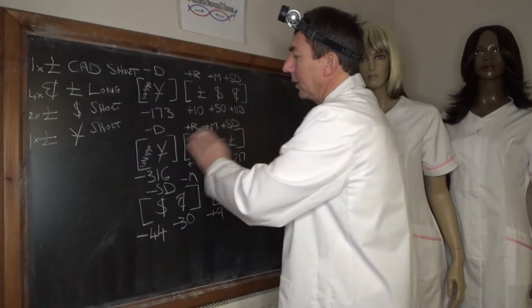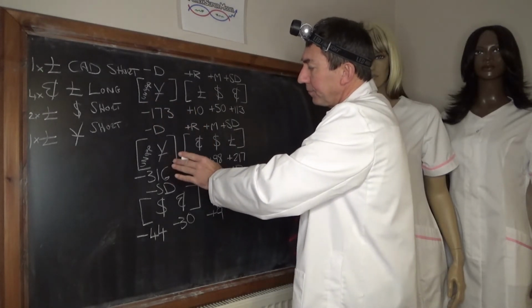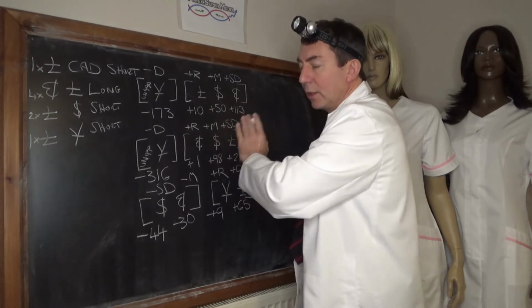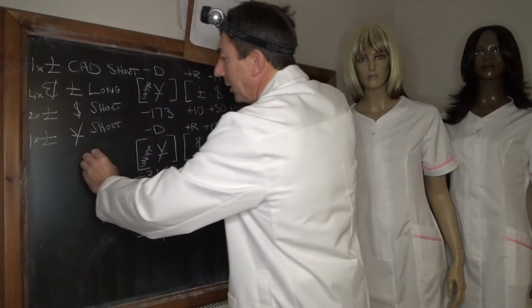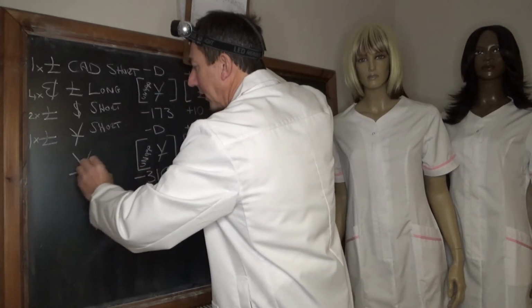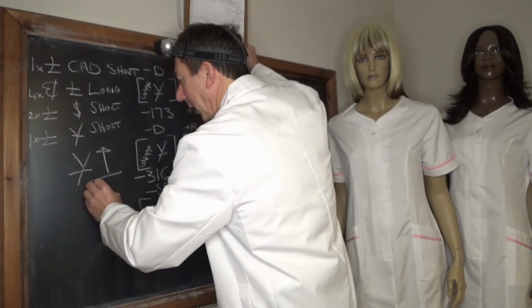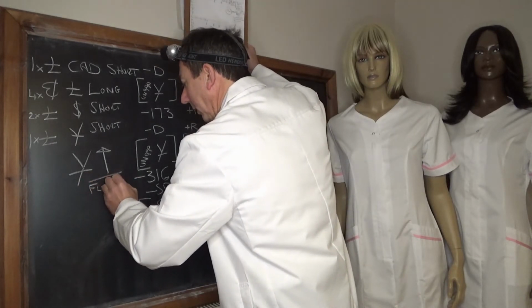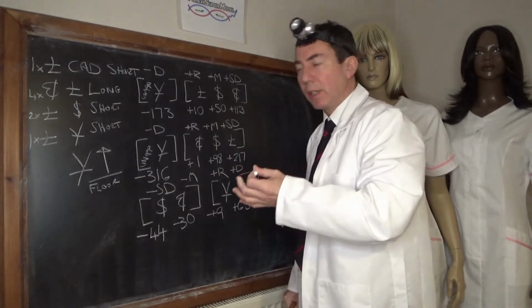Anyway, so let's look at this then. What do we think is going to happen? Right, the yen is really showing signs it's at a floor. So we believe the yen is basically coming up from the floor, and so we think the yen's going to appreciate.